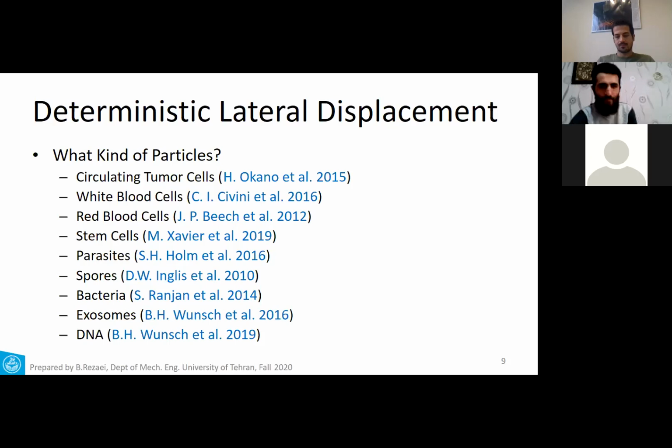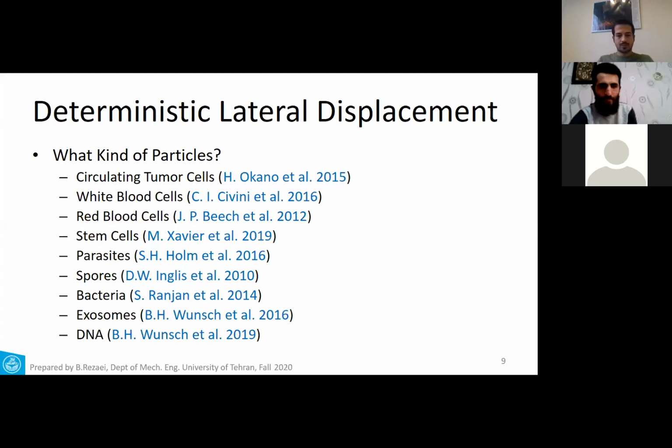For each of them I brought just one example, but for many of them there are more researches and more published articles, and you can search and see the details of these works. They include circulating tumor cells, white blood cells or WBCs, red blood cells, stem cells, parasites, spores, bacteria, exosomes, and DNA.